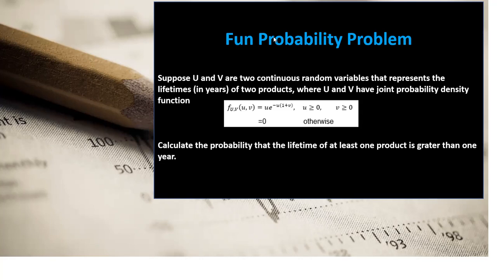So let's go to the whiteboard and take a look at how we solve this problem. Let me write down the joint PDF here.